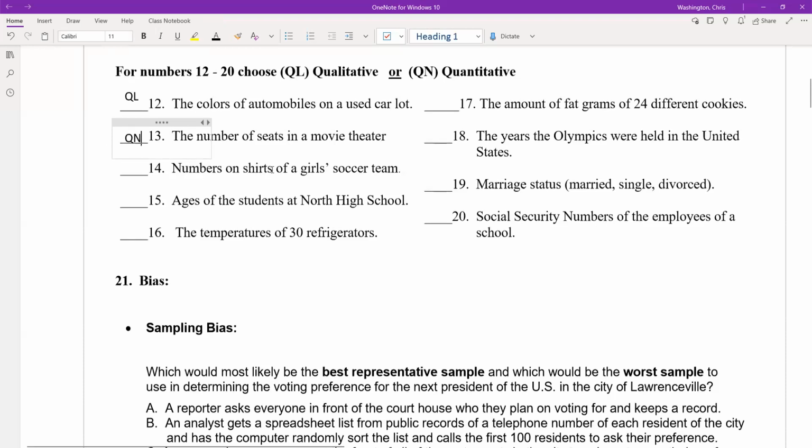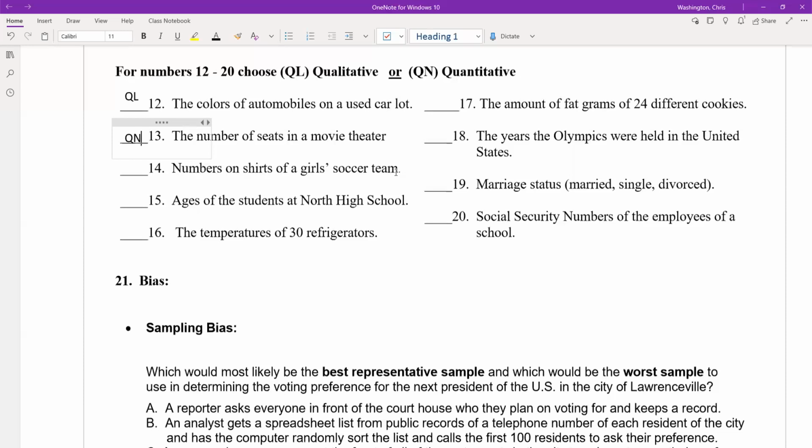Number 14, the numbers on shirts of a girls' soccer team. You think quantitative because it's a number, right? But what is that number really doing? That number is really just describing the player, almost like a name would describe the player. So just because it's a number doesn't make it quantitative.